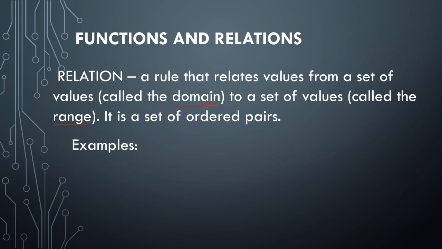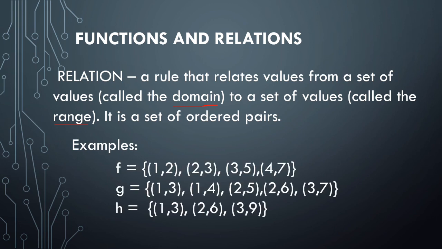Let's have examples of relation. We have here three relations: relation F, G, and H. For relation F, we have a set of ordered pairs: (1, 2), (2, 3), (3, 5), and (4, 7).